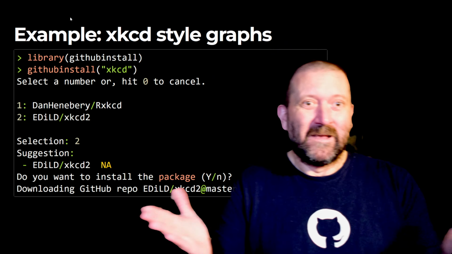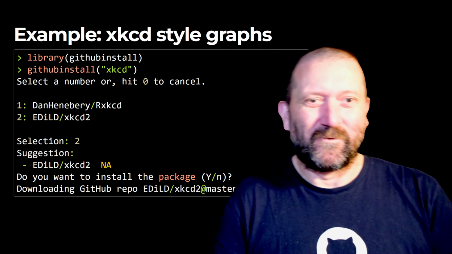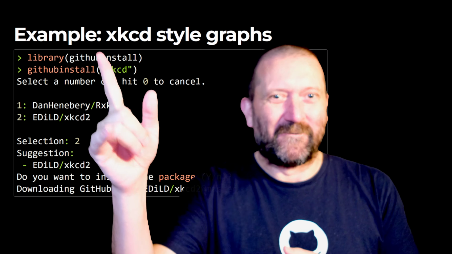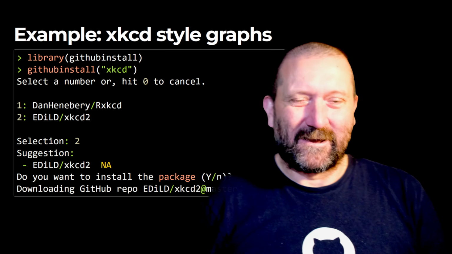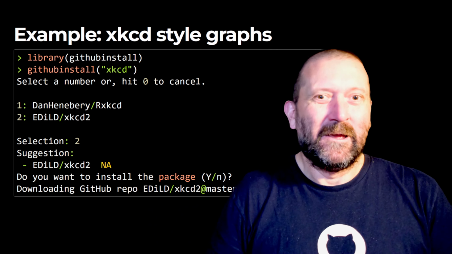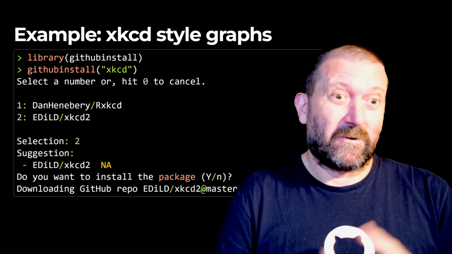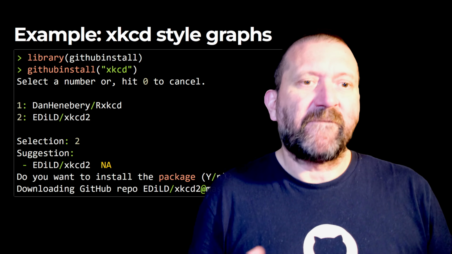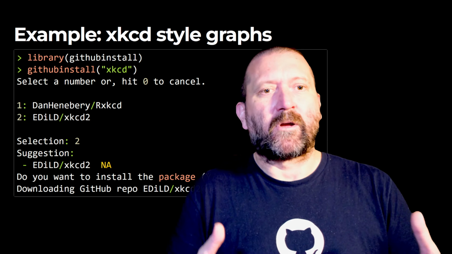So for example, I'm a big fan of XKCD, which if you don't know, you should look up. I should add a link to the website. I will in the slides. I'll edit the slides and you'll have a link here to XKCD. But there are actually packages that allow you to create graphs that have XKCD look and feel.